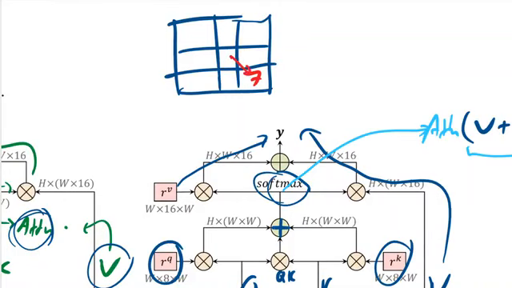So the convolution had this intrinsically.